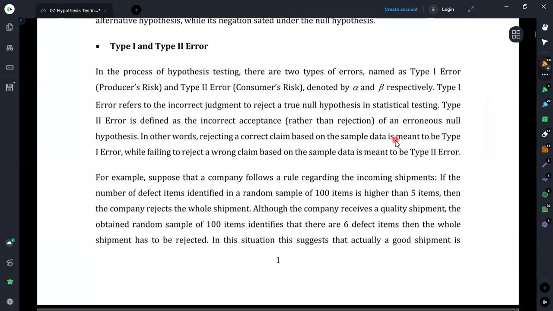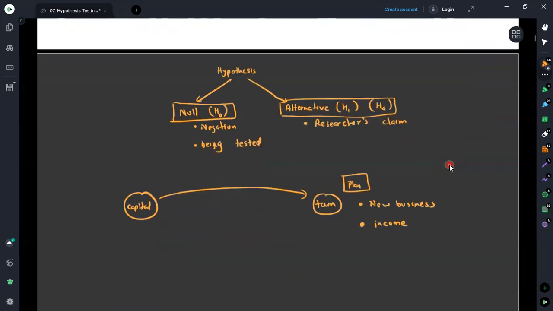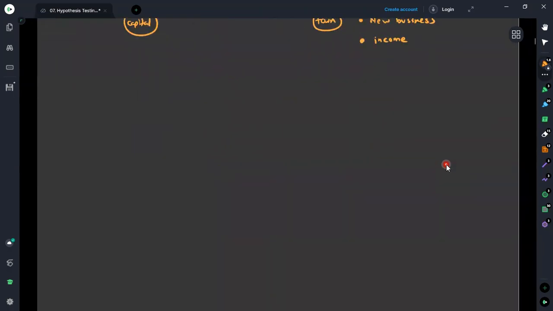Then if you are making any decisions, there will be two types of errors which we can have. Suppose you actually have a correct one.